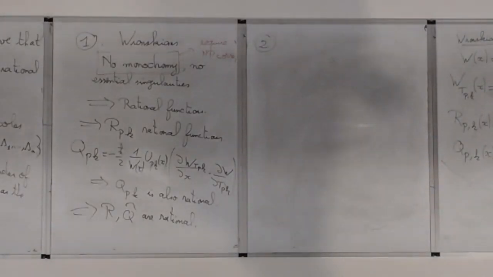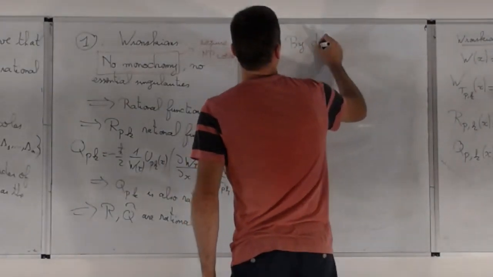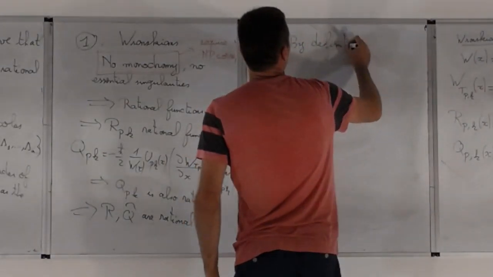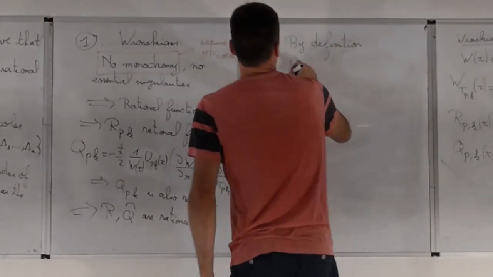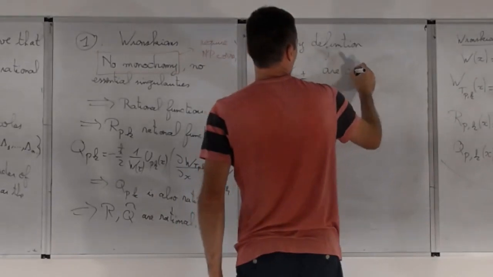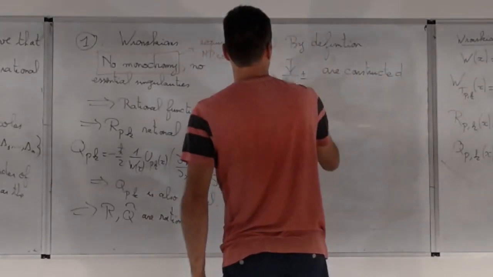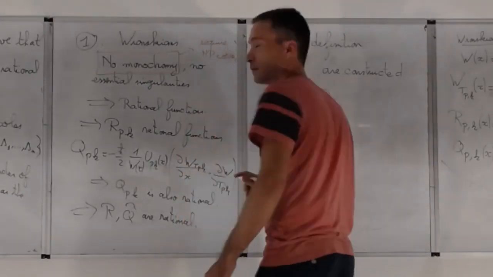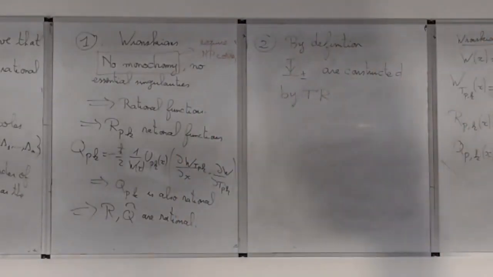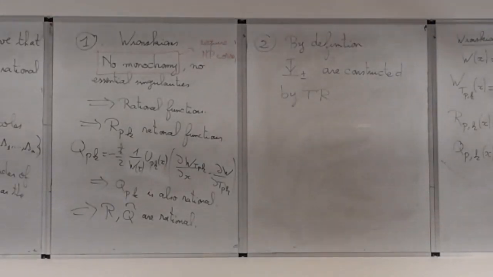Well, if you look at, by definition, your non-perturbative wave functions, they are constructed by topological recursion. So this is what Nicola did this morning. So you have the discrete Fourier transform, but this is not an issue.